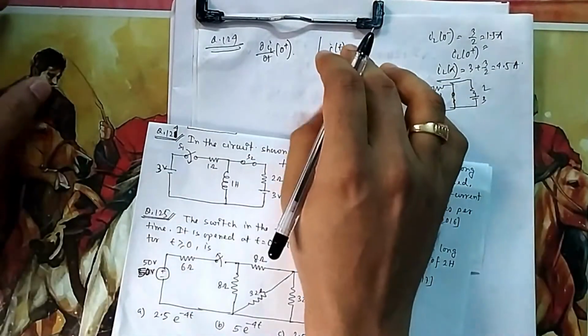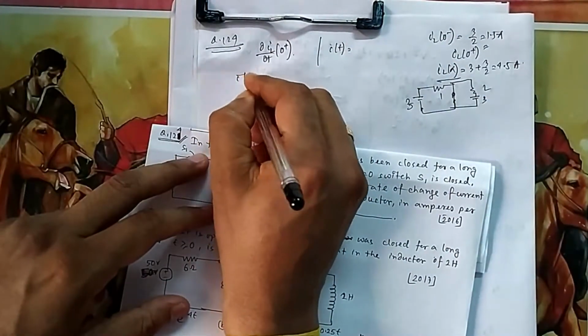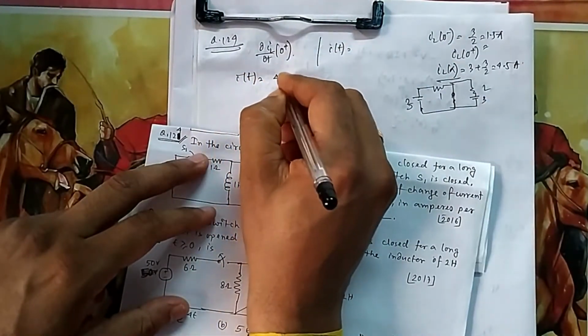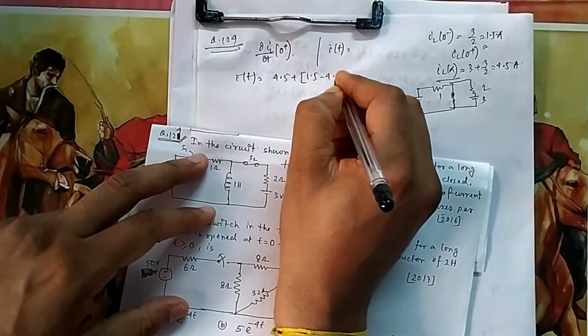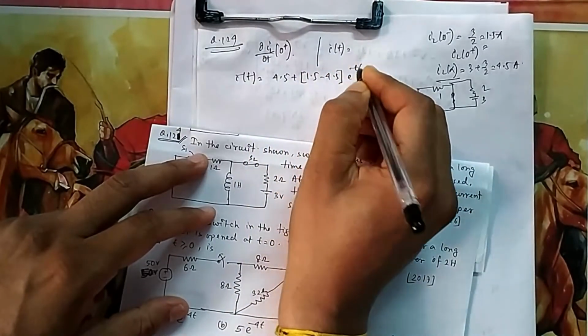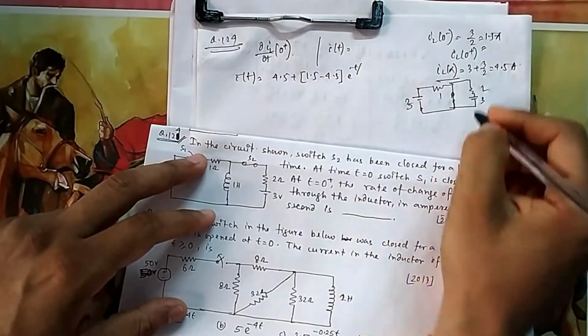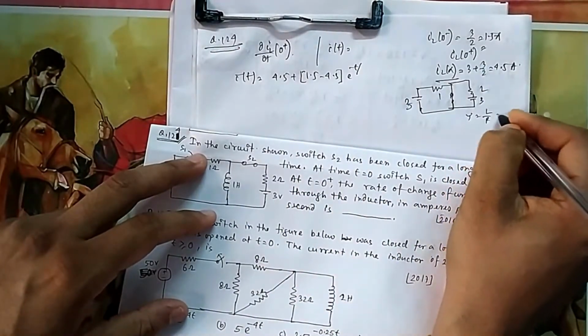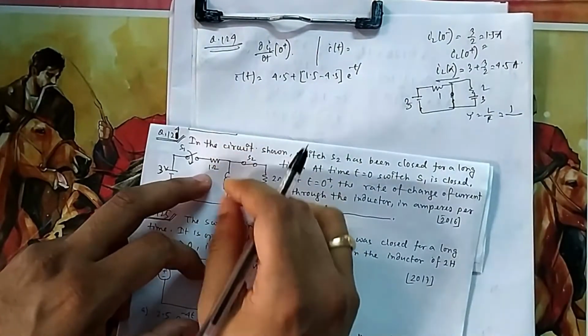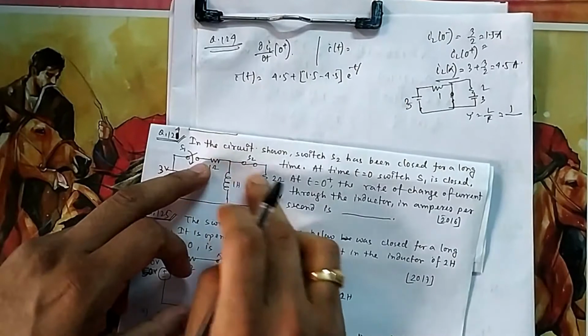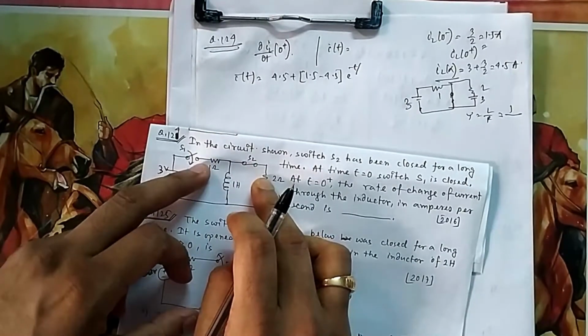Now you know the final, you know the initial. Now you can directly write using that mantra. Final is equal to 4.5, plus initial 1.5 minus 4.5, e to the power minus t by tau. What is tau? Tau is equal to L by R. What is L? L is here 1 Henry, and if you remove this one and look from this side, this and this are connected in parallel.